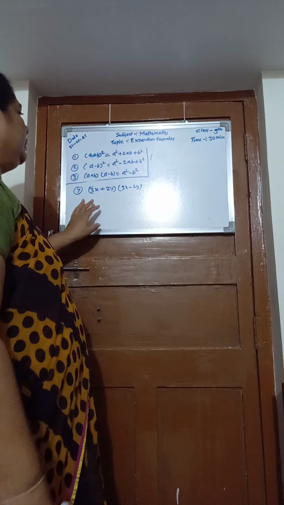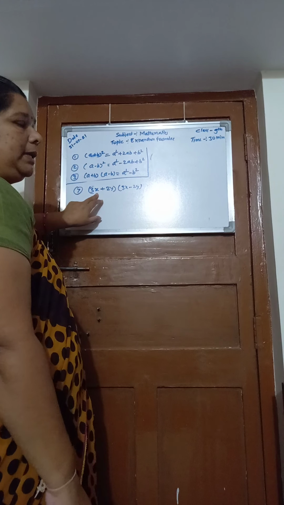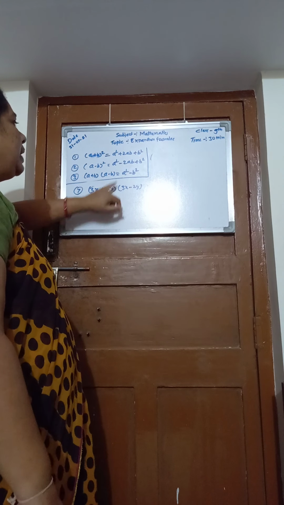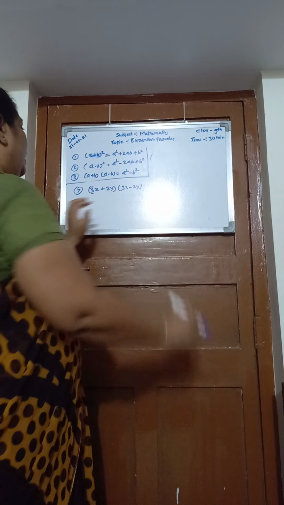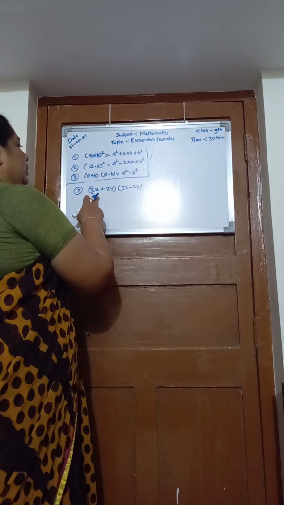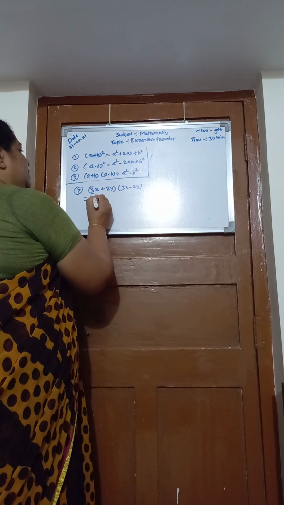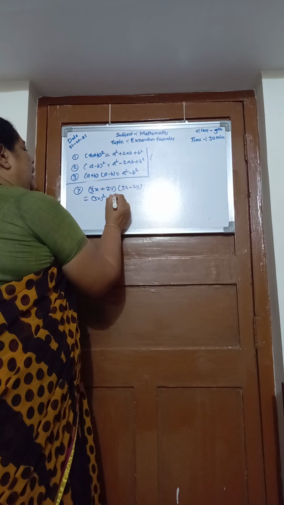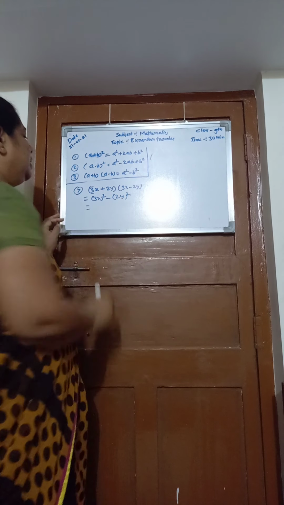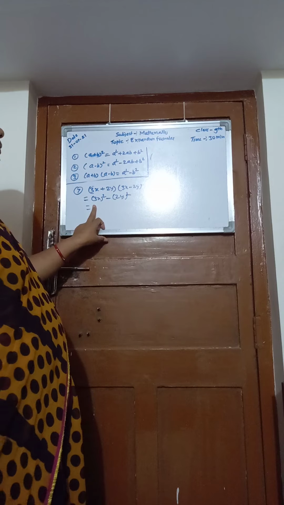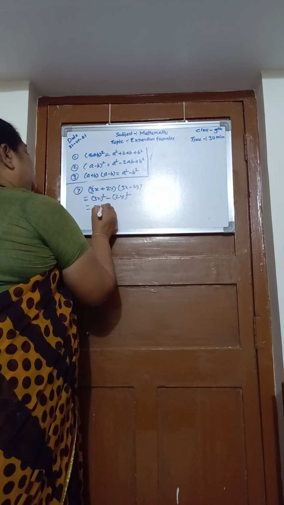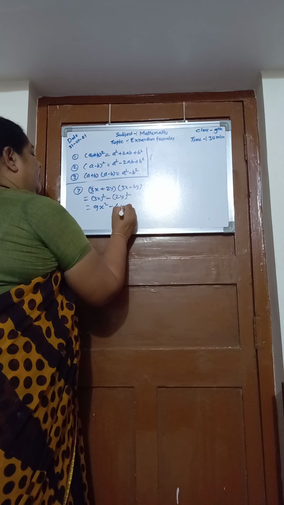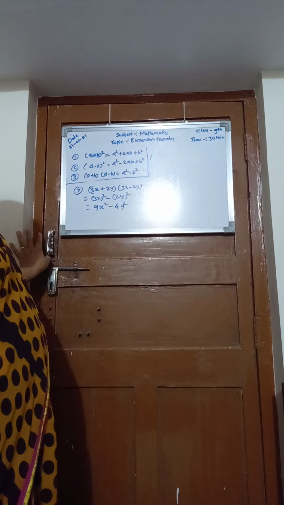This is your problem. Then multiply it. What is the answer? a square minus b square, so we have to put the a value and b value. The answer will be 3x whole square minus 2y whole square. Calculate this. The square of 3 is 9x square, minus 2 square is 4y square. This is your answer.